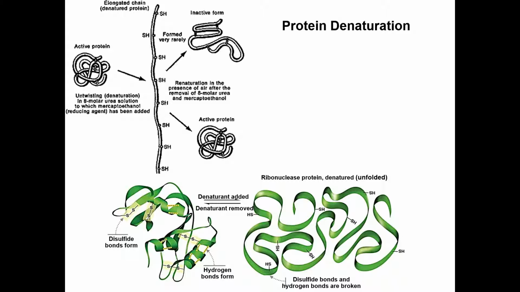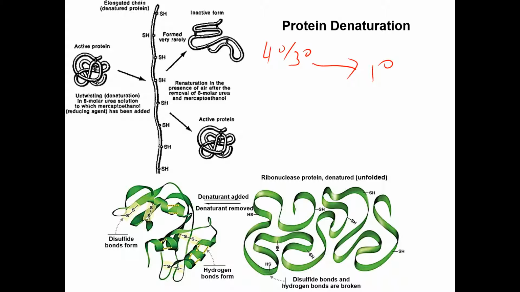In terms of protein denaturation, there are various chemical, physical, mechanical factors that can lead to the denaturing of a protein. In this case, a denatured protein goes from its tertiary, either its quaternary or its tertiary state, to basically its primary state.